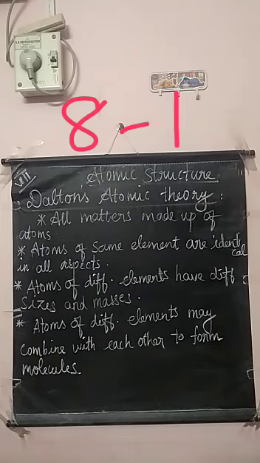It may form a molecule or a compound. For example, in water, H2O, there are two hydrogen atoms and one oxygen atom, a fixed proportion, 2:1. So combining in a fixed proportion, they form a molecule or compound.